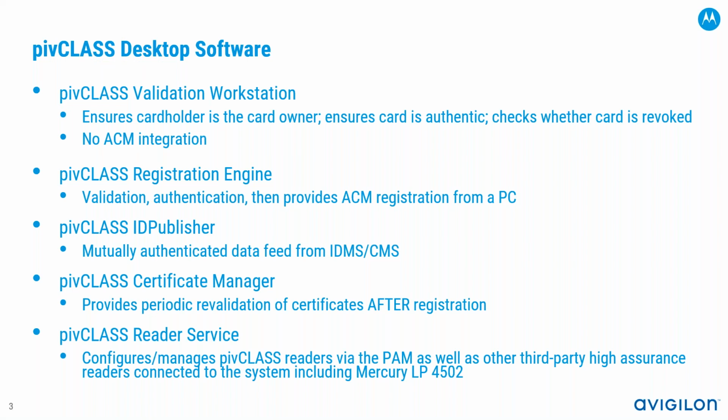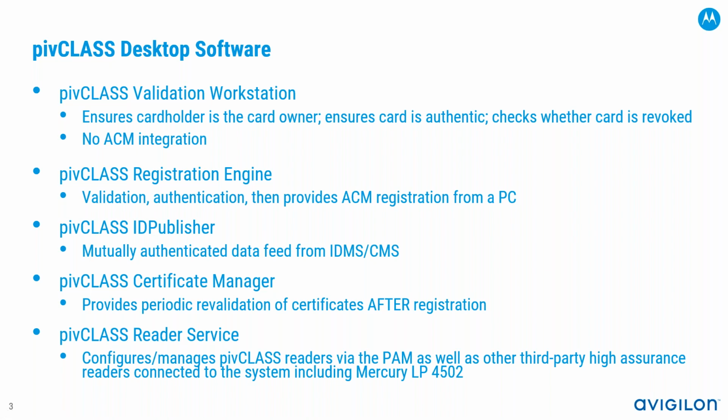All right, so quick recap. Here are some of the components of the desktop software. That's the PIV class software. So you have a validation workstation. We saw this in the previous session, right? The validation workstation ensures the card owner is authentic, right?